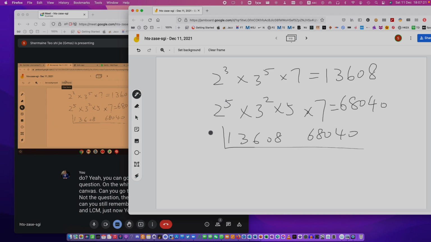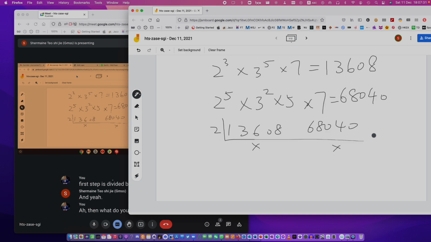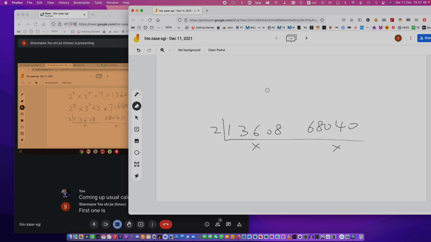Your first step is divide by 2, right? Then what do you get? Help me out, use your calculator. First one is 6804.